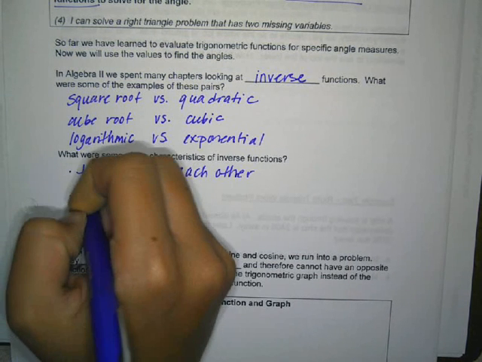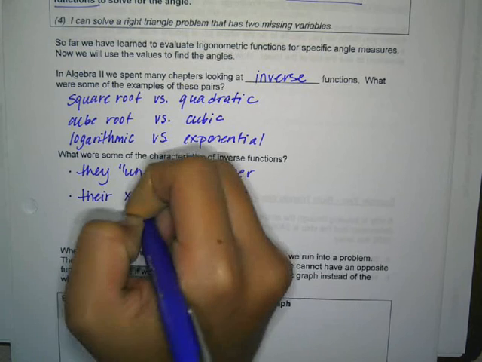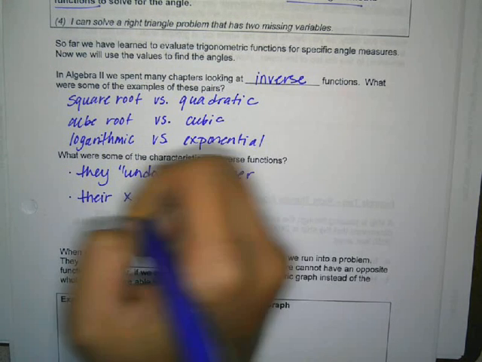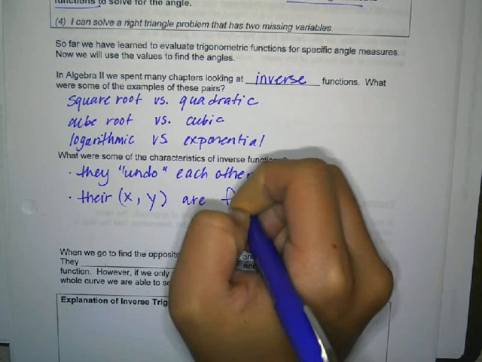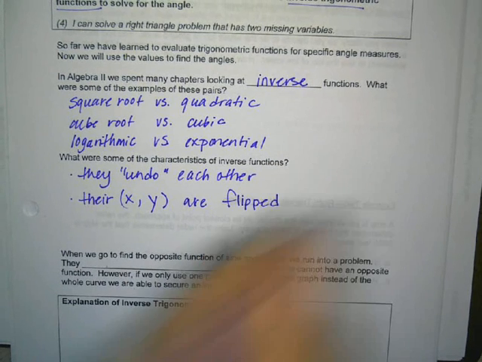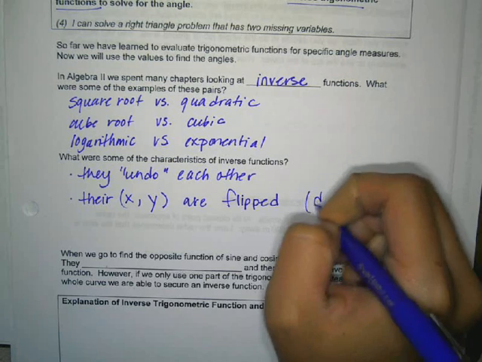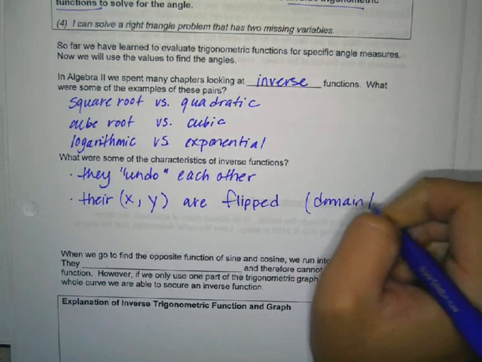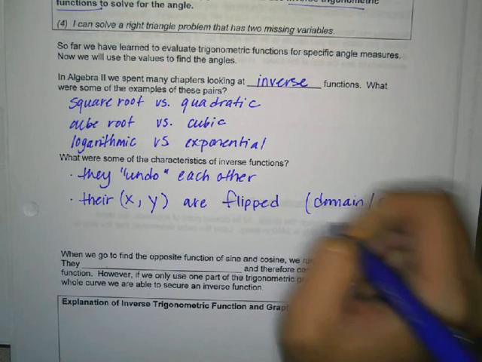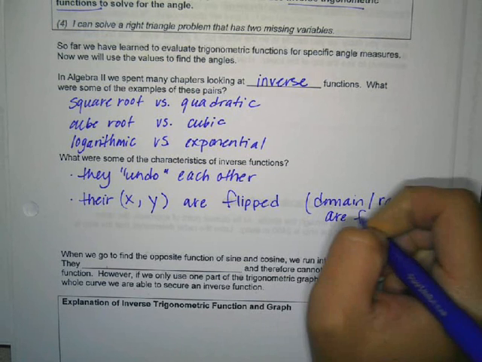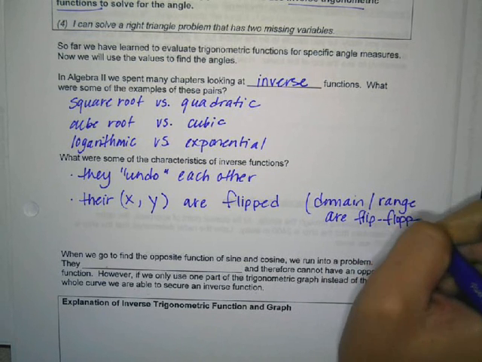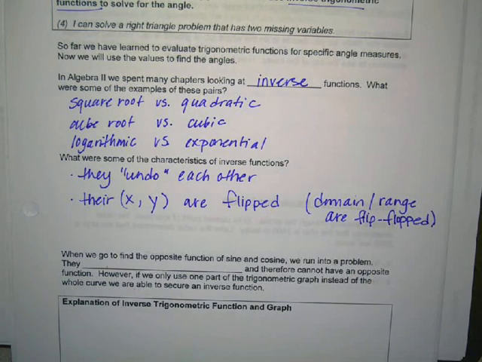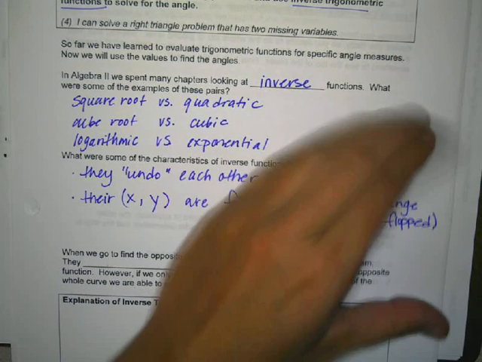Their x and y's are flipped. So domain and range are flip-flopped. So the x's in one are the y values in the other, and vice versa.